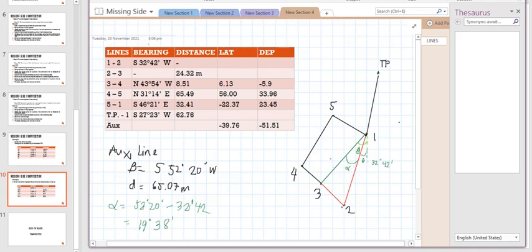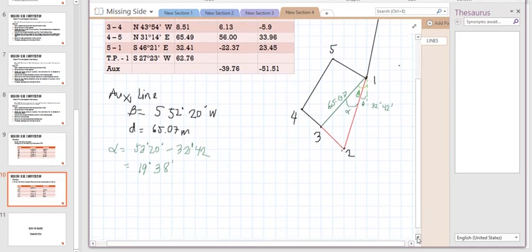Then this distance is also given, that is 65.07 meters. So just concentrate on the triangle.